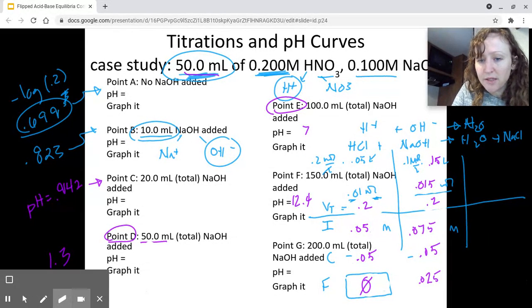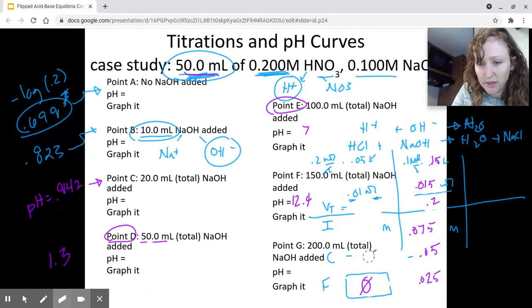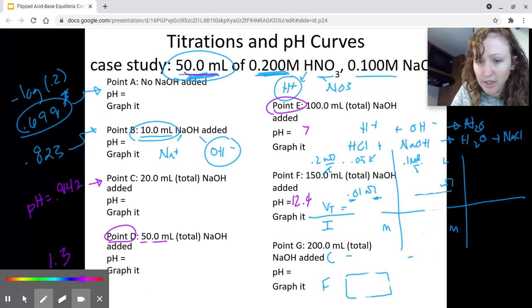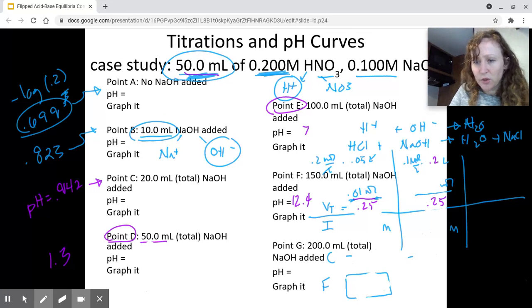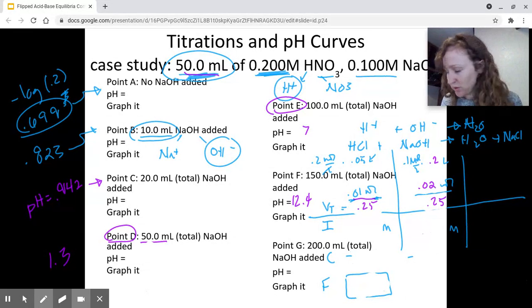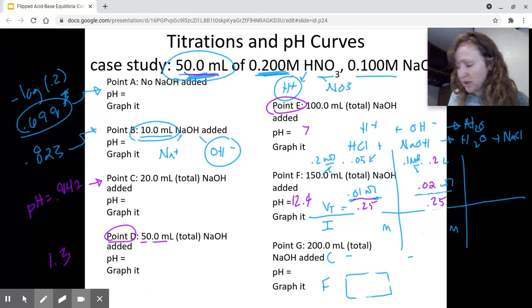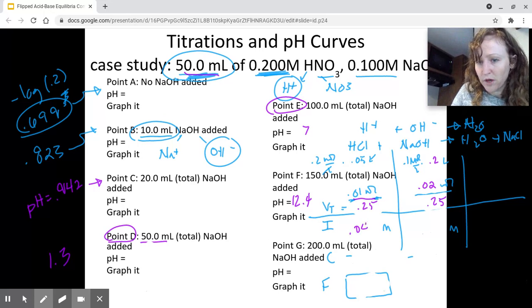Let me erase. Okay, now I've added 200 milliliters of base. And let's see how that changes calculations. Okay, so my total volume is now 200 plus 50, so 0.25. I've added 0.2 liters of my base. So I get a 0.02 here. So this is going to be a 0.04.